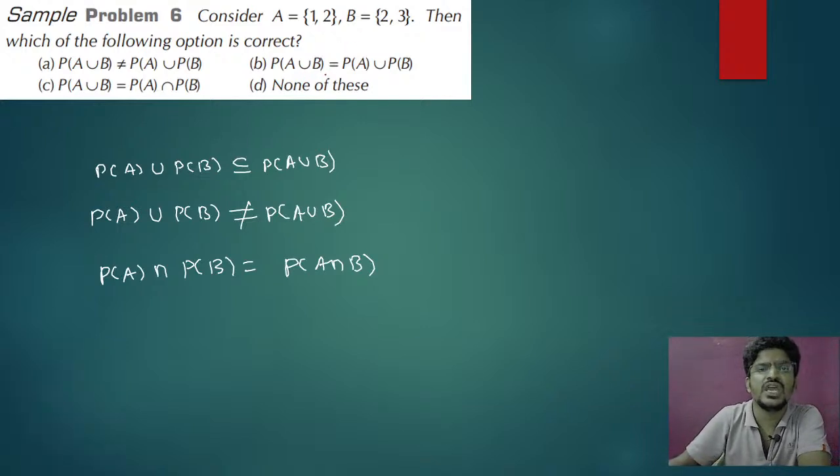See, P of A union B is equal to P of B. Check this. So this is not correct. P of A union equal to P of B. Check this. It is not correct. And check option A. P of A union B is not equal to P of A union P of B. Right.